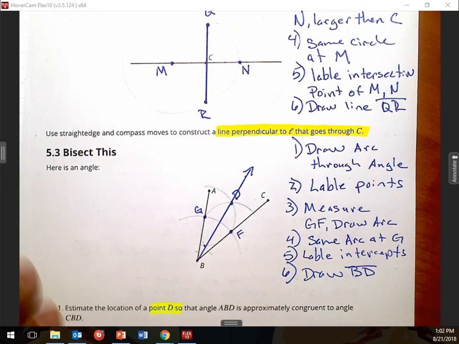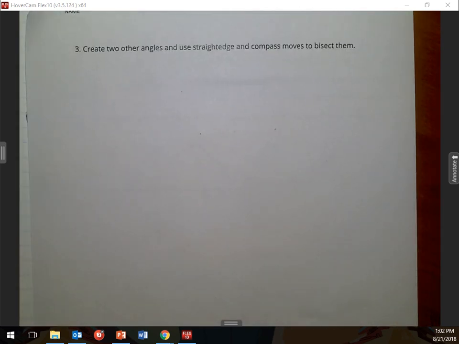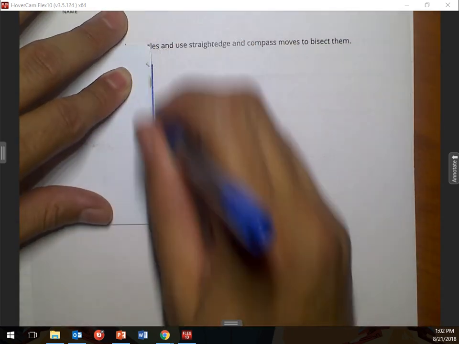Okay, so let's take a look here. It says create 2 other angles and use straight edge and compass moves to bisect them. Just use your straight edge.